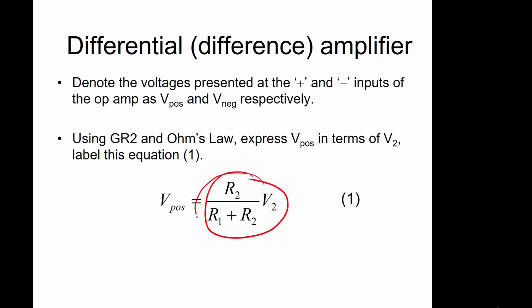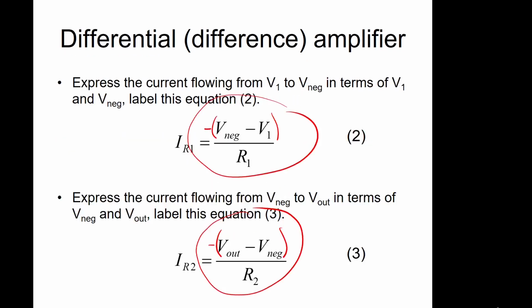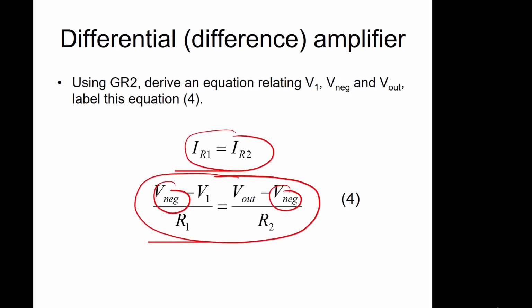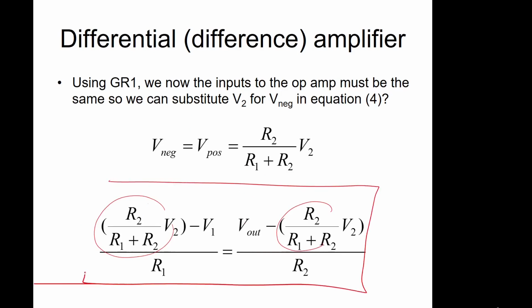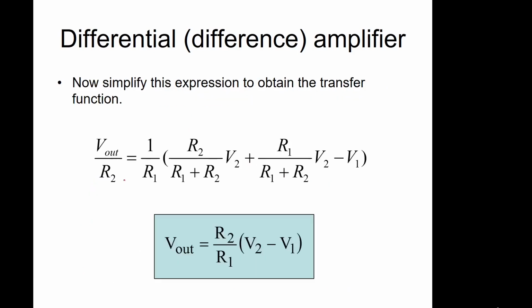So we can substitute this equation into here and here, and therefore the expression then becomes this, which looks a little bit messy. But if we tidy it up and rearrange it, we eventually get to the transfer function.